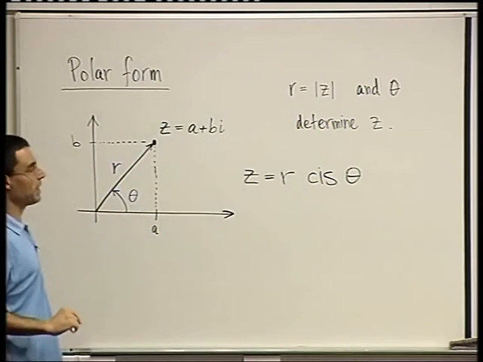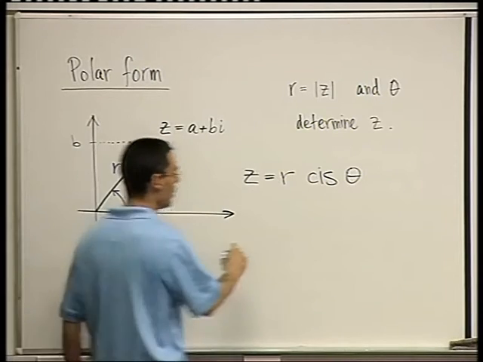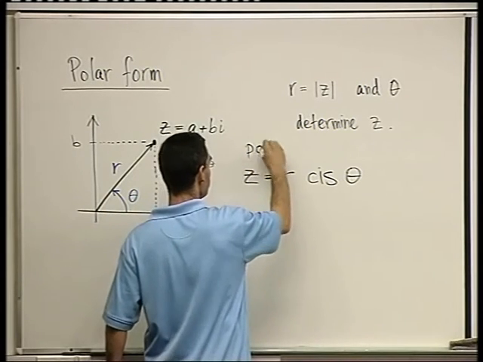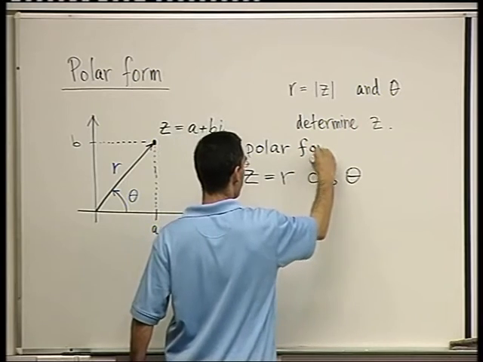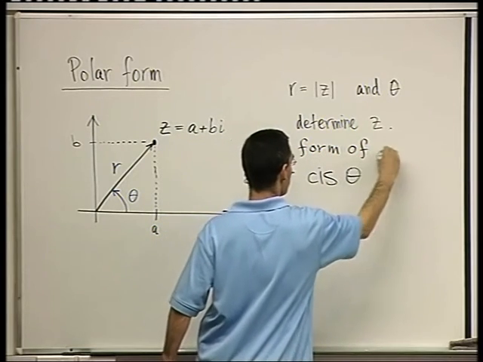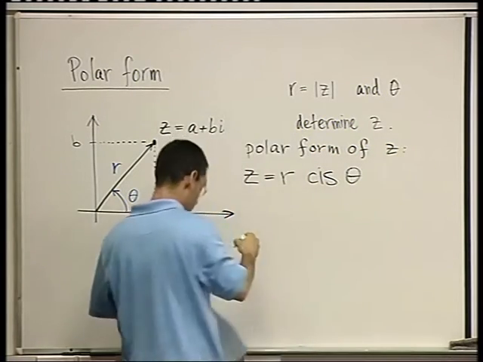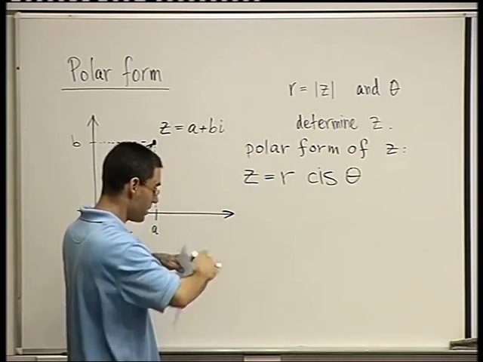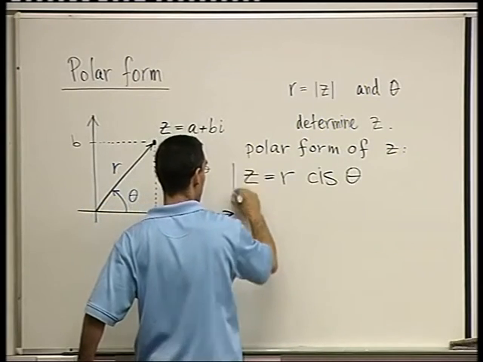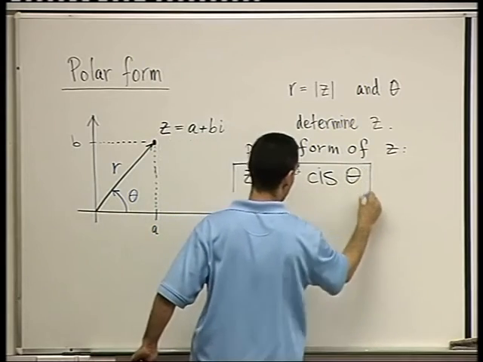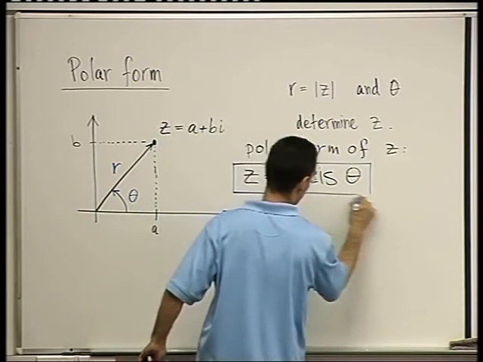And I have to explain this. So this is called the polar form of z. We write z equals r cis theta. And this I want to explain, why we write it like this.